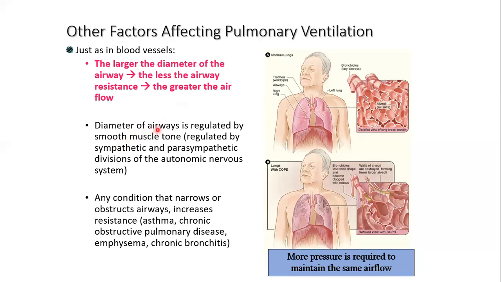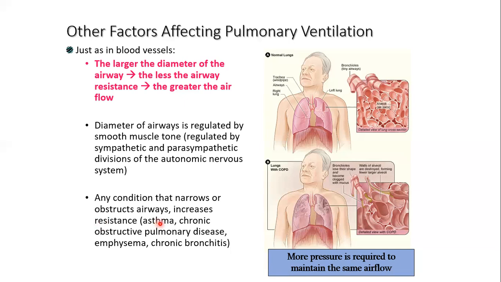This diameter of the airway is regulated by the autonomic nervous system, sympathetic and parasympathetic. Any condition that would result in narrowing or obstructing of the airways will increase the airway resistance. Air will find much more difficulty to pass through the airway, like cars passing on the highway at traffic time. It's much harder to drive at this time.